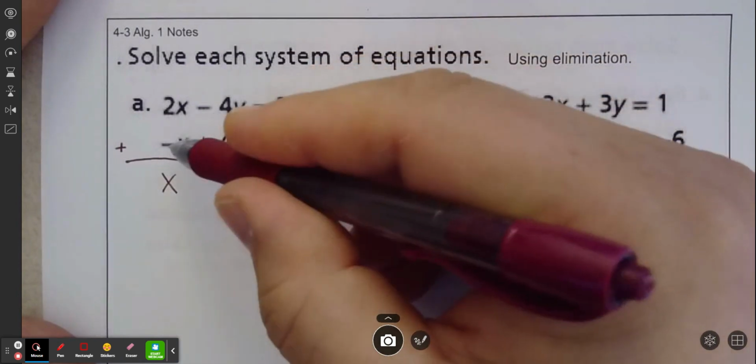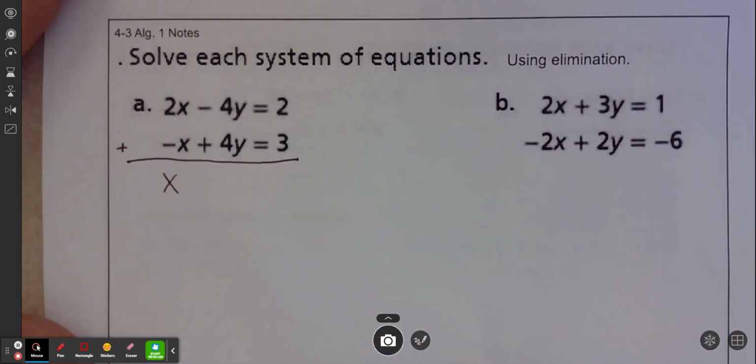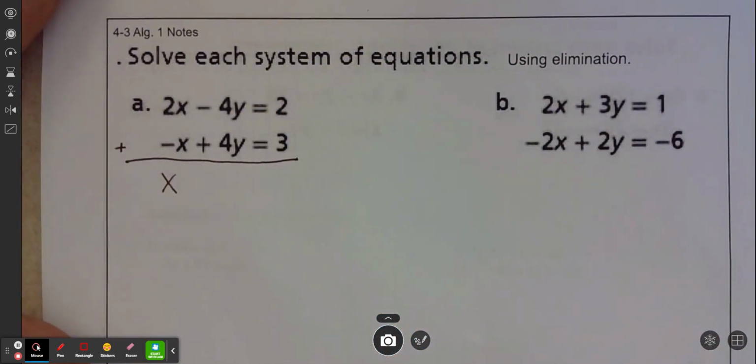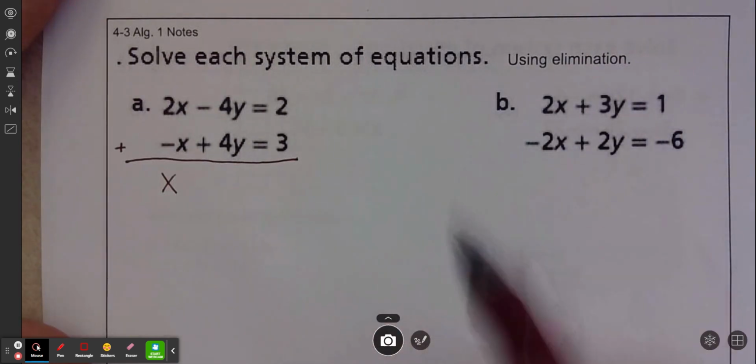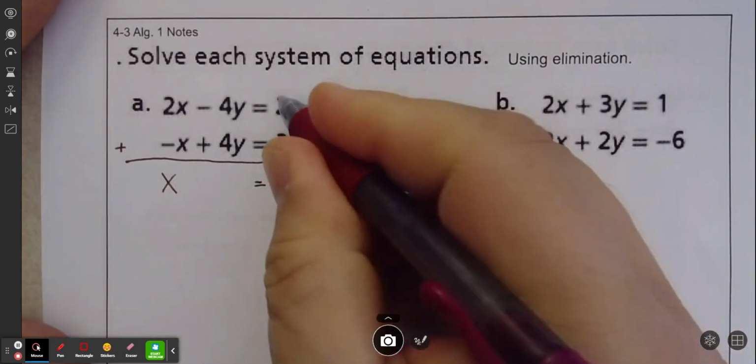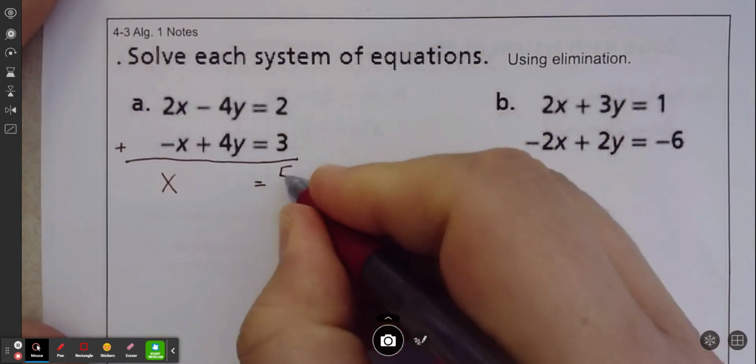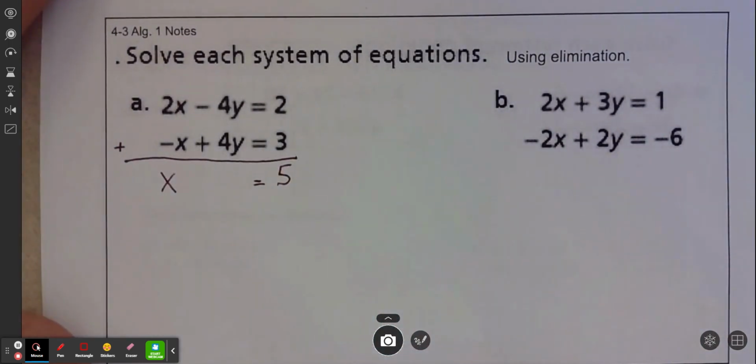Negative 4 plus 4 equals elimination. It's gone. Do you see that? That's the whole point of this. We're going to leave it blank. Bring down our equal sign. 2 plus 3 is x equals 5. Well, that's easy.